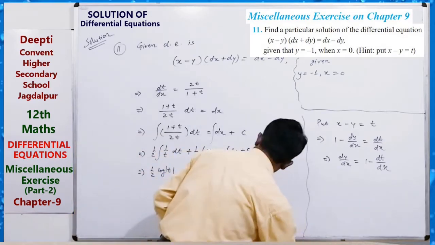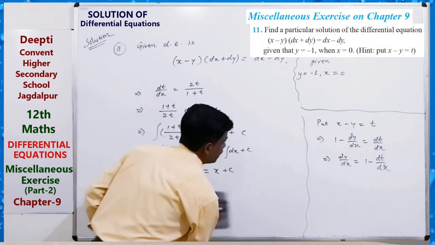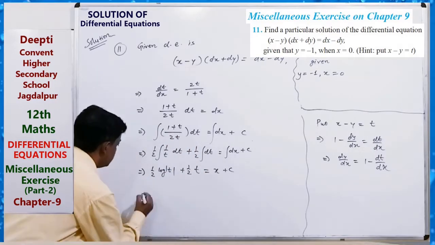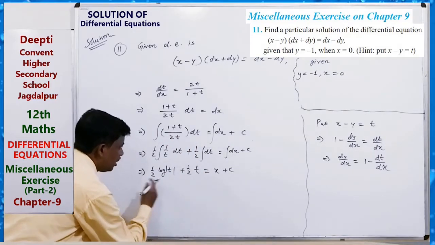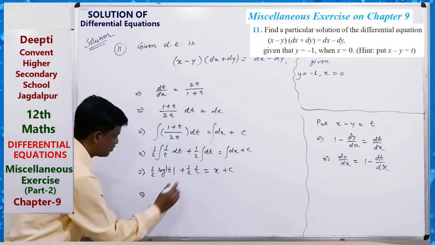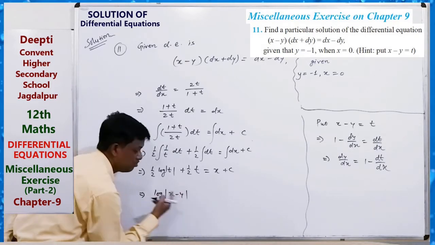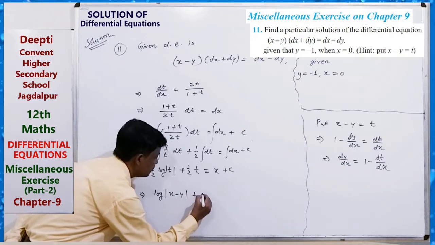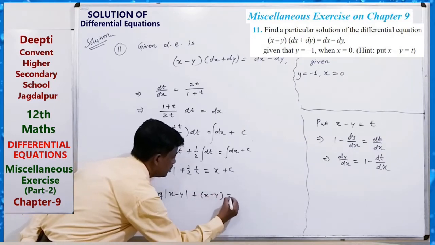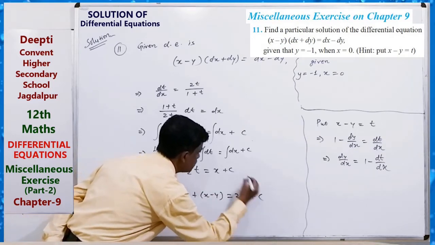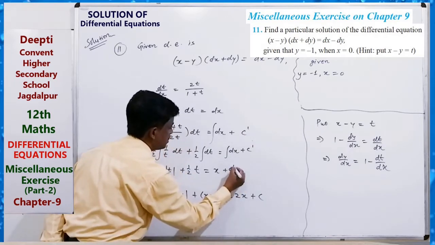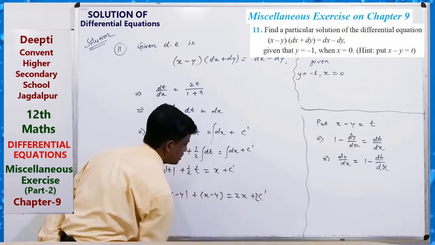And t equals to x minus y. So half can be transferred to the right hand side. So log of mod (x minus y) plus (x minus y) equals to 2x plus c dash, 2c dash.